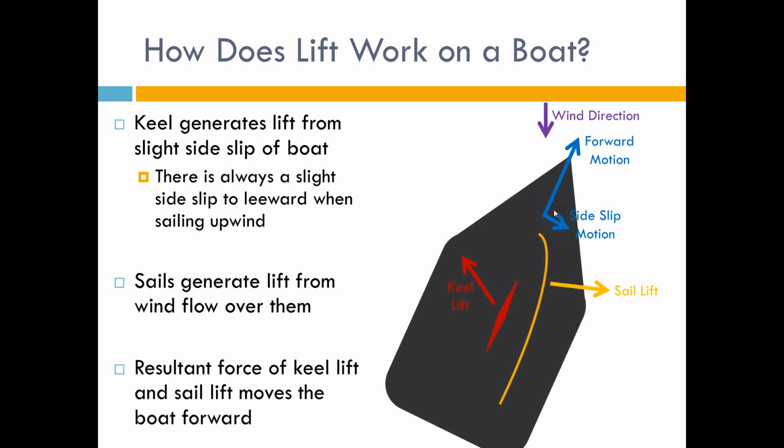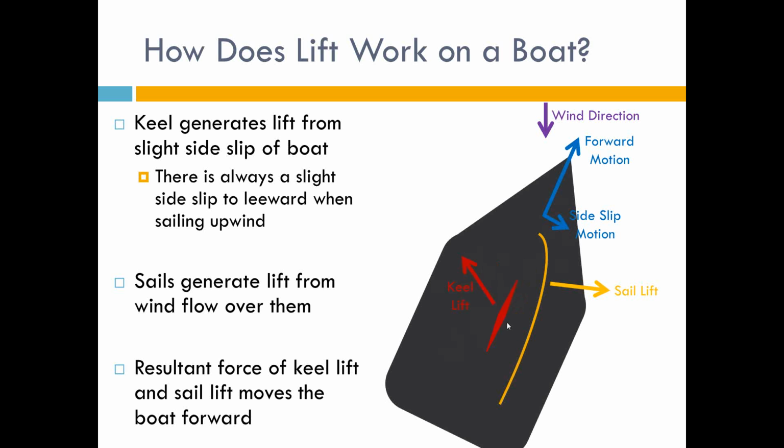So the boat's going to drift a little bit to leeward, and because of that, you're ending up with asymmetric flow over your keel, which is allowing your keel to generate lift. So if it was straight line flow into the keel, you'd generate lift in both directions, and they kind of cancel each other out. So the fact that there is side slipping motion means that your keel is contributing to that forward motion of your boat.